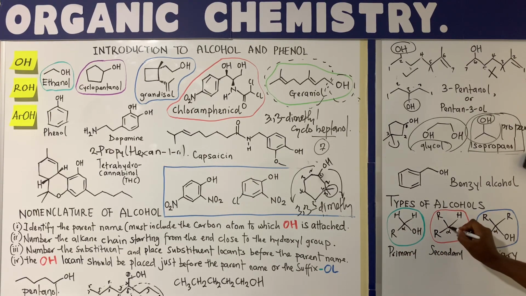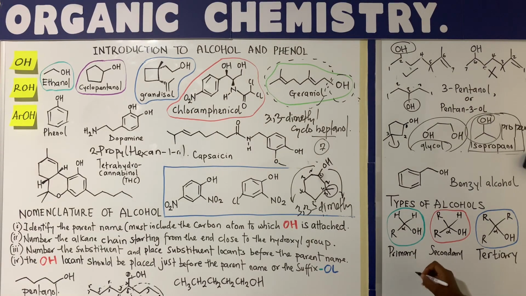If there are two alkyl groups attached to the carbon atom bearing the OH group, then you have a secondary alcohol. If the carbon atom carrying the OH group has three alkyl groups attached to that same carbon, then you have the tertiary alcohol.